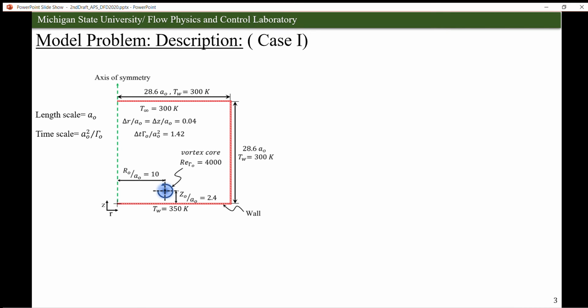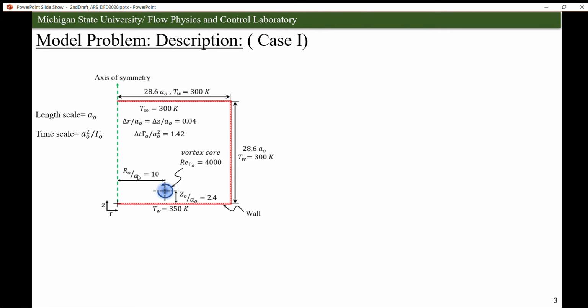So the description of our problem, as you can see here, is an axisymmetric vortex ring interacting with a constant temperature heated wall. Because of the flow symmetry, calculations are conducted in a single azimuthal plane where the computational domain is bounded by three walls and the axis of symmetry.